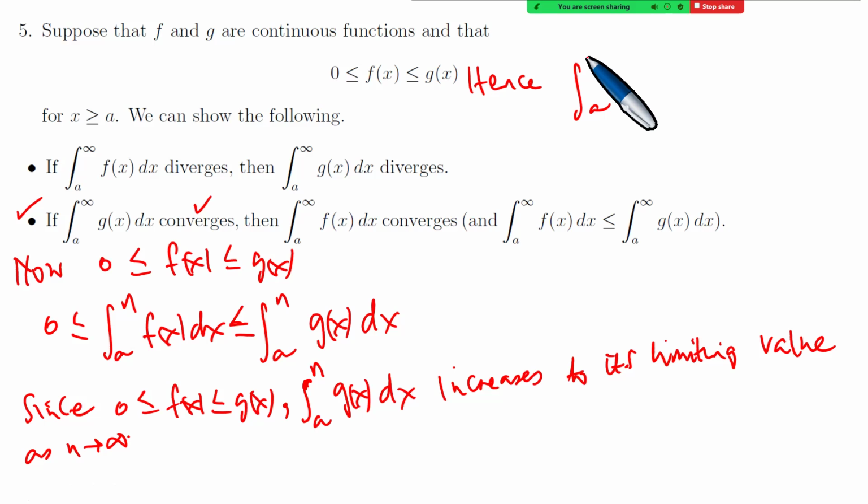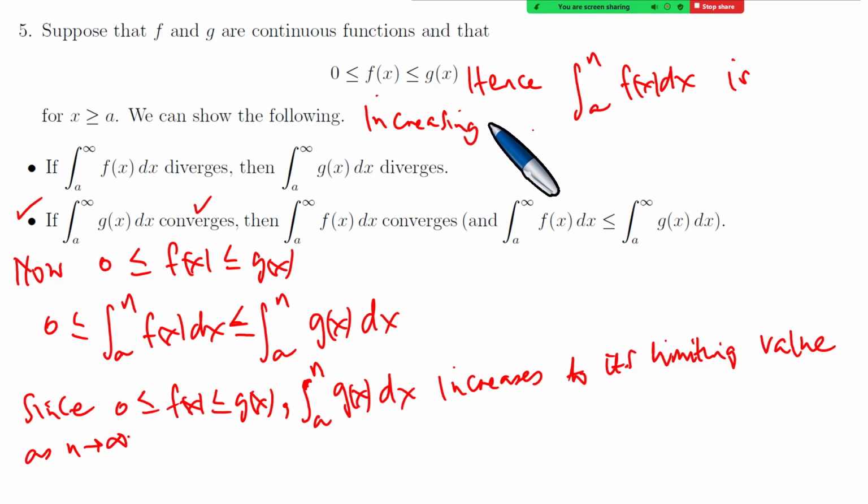Hence the integral from a to n of f of x dx is increasing and bounded above.